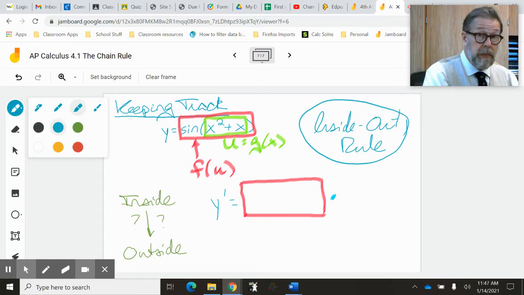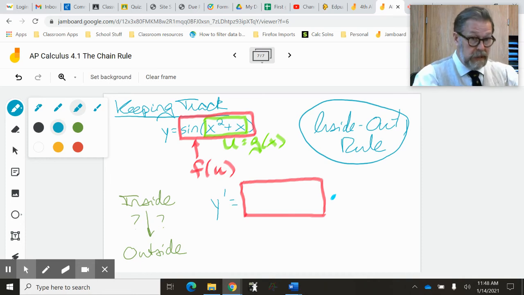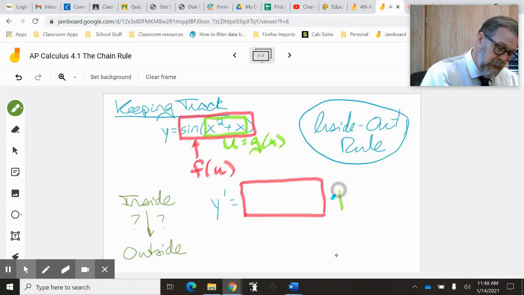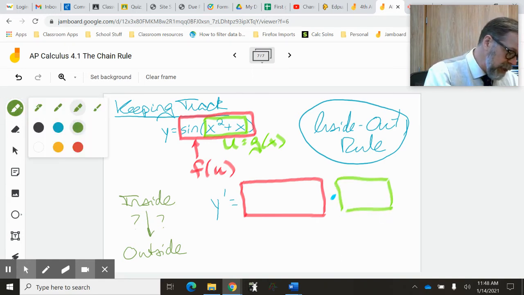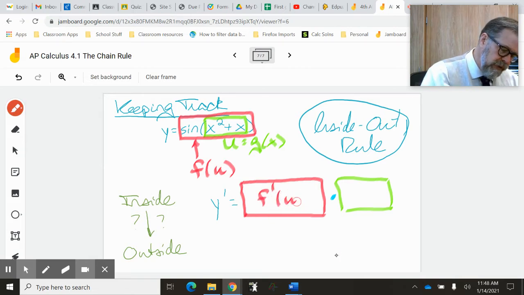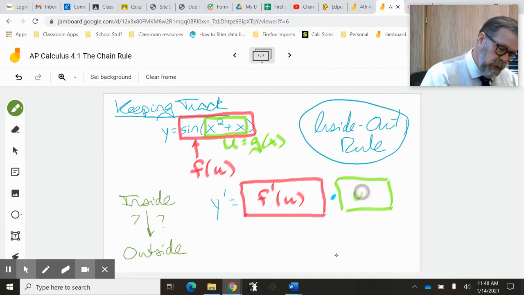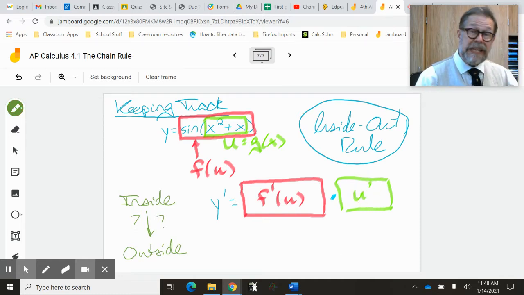I said that completely backwards. My apologies. The derivative of the outside, which I clearly have written up here and then just said the wrong word, times the derivative of the inside. So I start with outside, and this is f prime of u, and then I multiply it by inside, which is u prime. And then, of course, I write everything in terms of x.